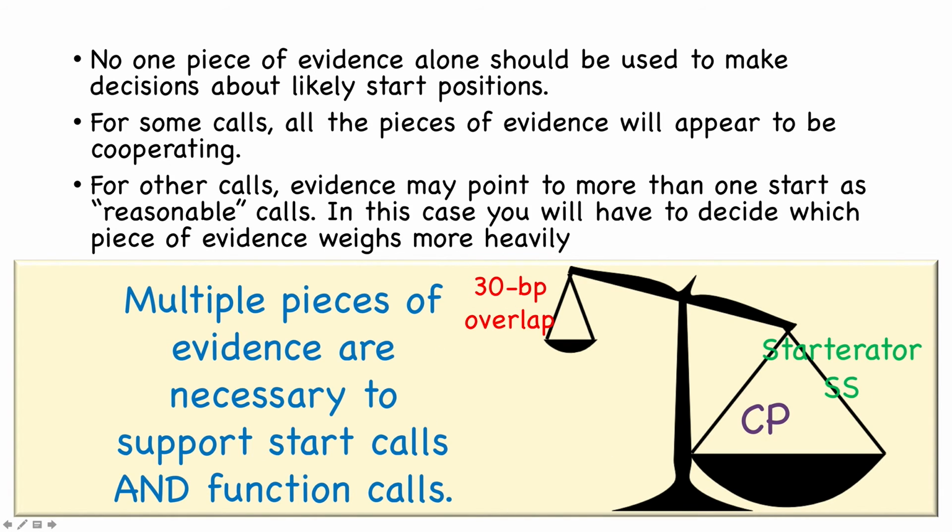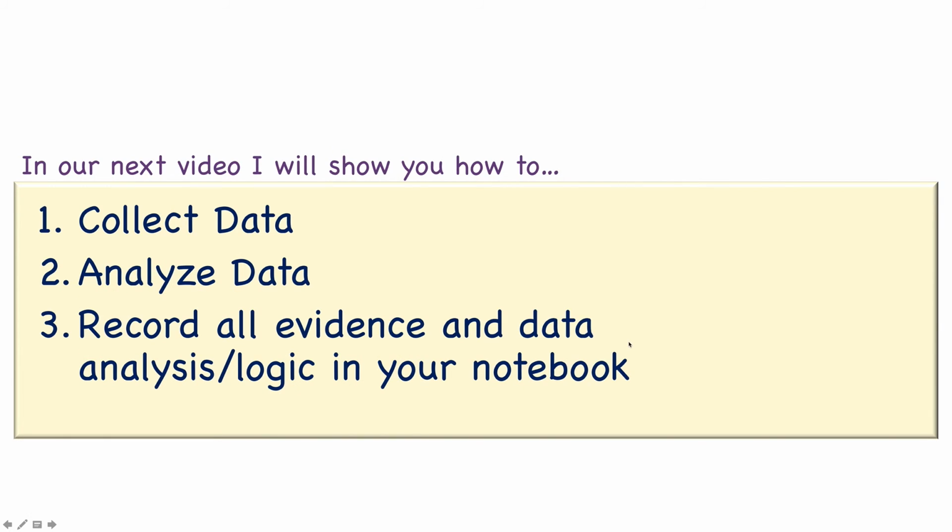So again, we have to look at the big picture and all the pieces of data together in order to make these decisions. In our next video, I will show you how to collect data to make a gene call, how to analyze the data, how to record all the evidence, the data analysis and your logic in your notebook, and how you can use that to present your gene calls to your peers.